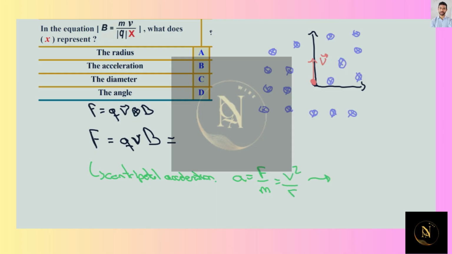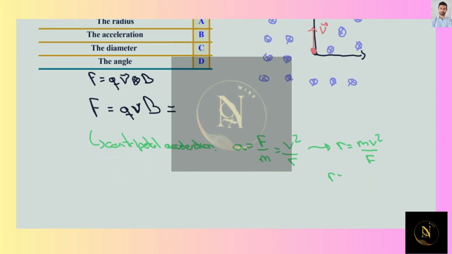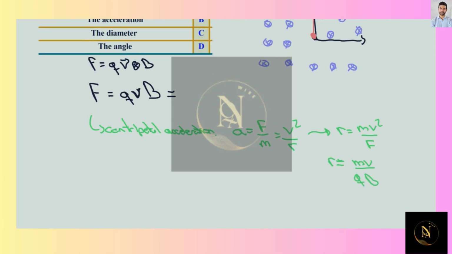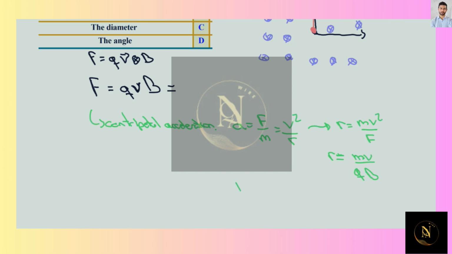So from here, we can calculate that r is equal to mass times velocity squared over the force. Thus, r would be equal to mass times velocity divided by q times B. Thus, for the value of the magnetic field, we're going to take the absolute value of q, since over here we have magnitudes, the magnitude of both q and of the velocity in this equation.